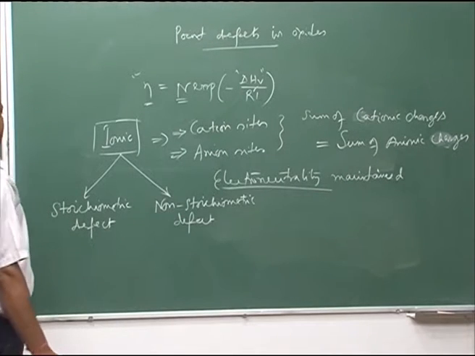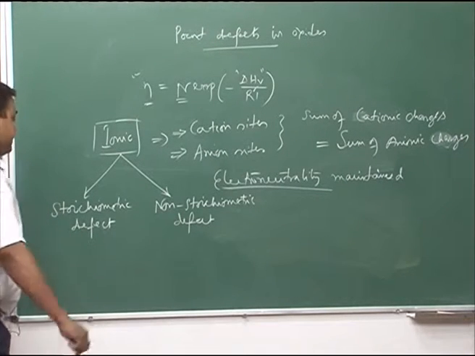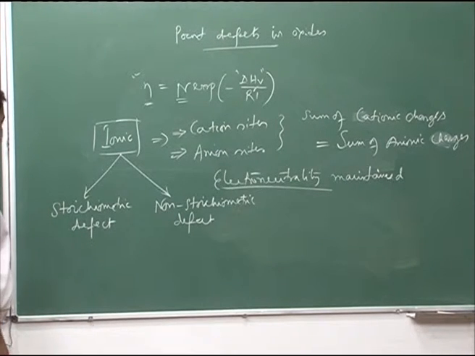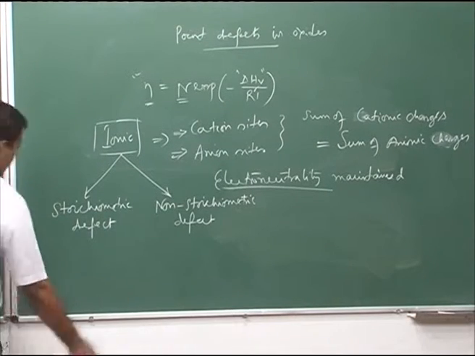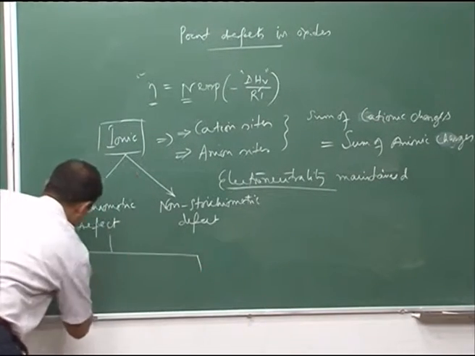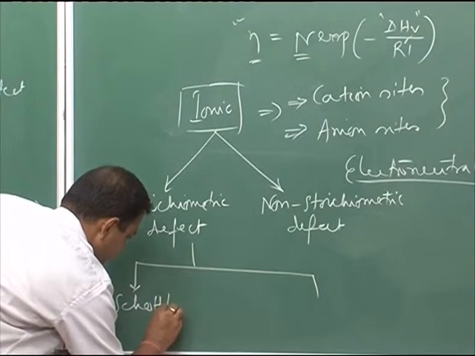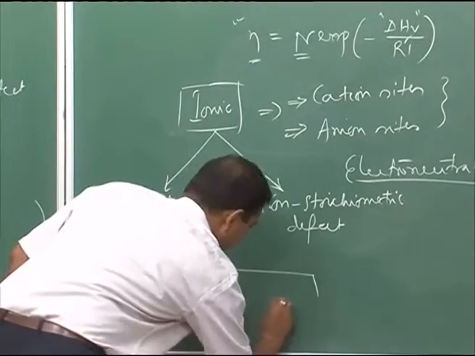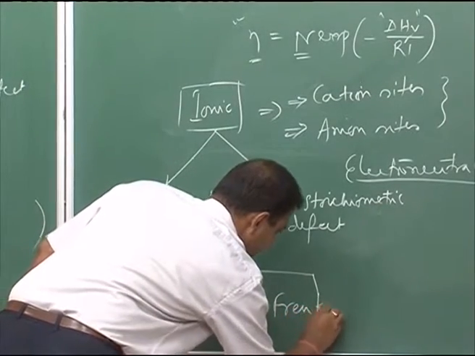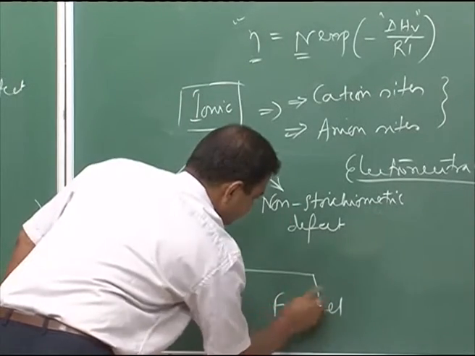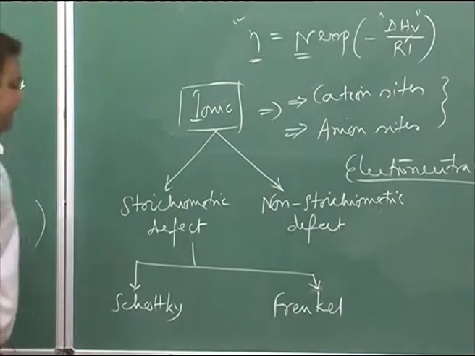In stoichiometric defect, there are two major defects. One is Schottky and another one is Frenkel defect.